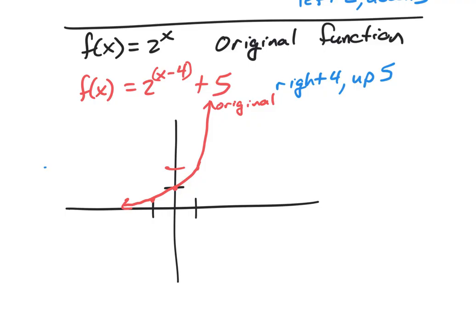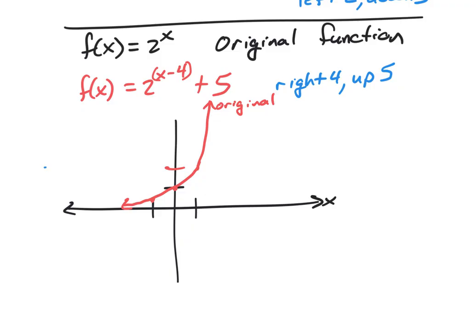But just a second ago, we said that the horizontal asymptote was the x-axis, right? And so what's going to happen here, we only have the one asymptote, which is our x-axis right now. When I move this new graph up 5, that horizontal asymptote is also going to move up 5.